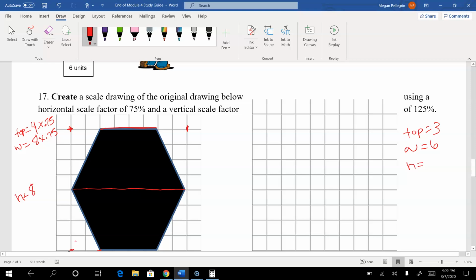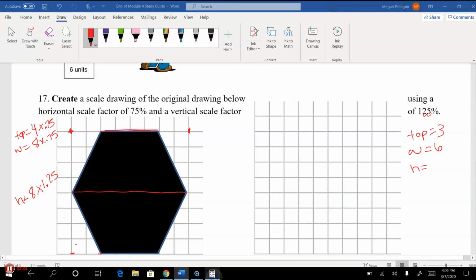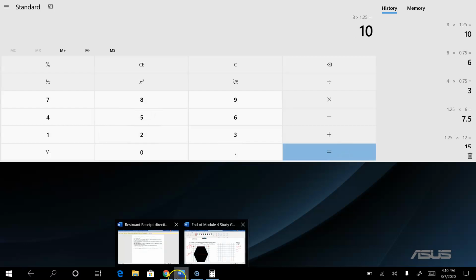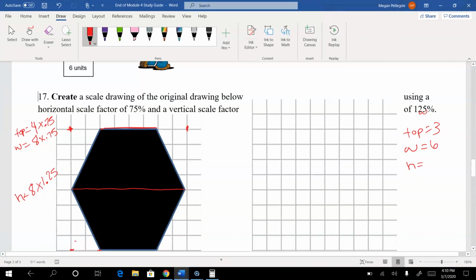And we want to do the vertical scale factor of 125%, which would be 1.25 after we move that decimal 2 places to the left. So 8 times 1.25 equals 10. So our new height is going to be 10.